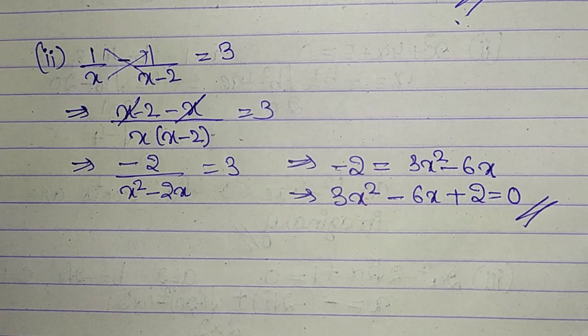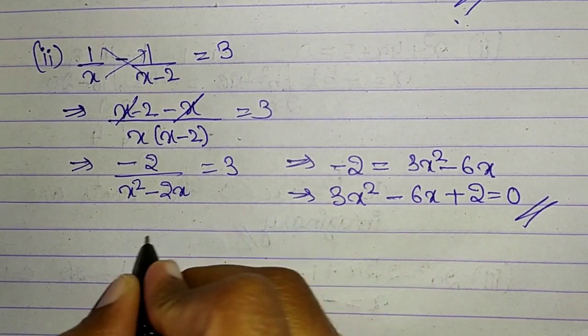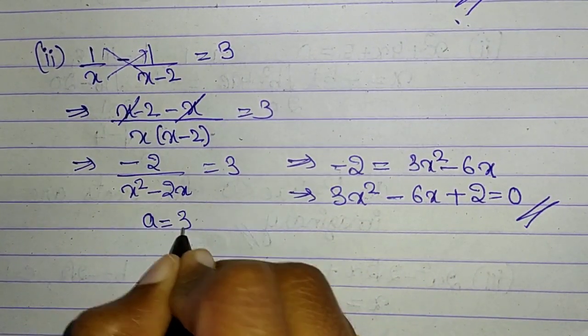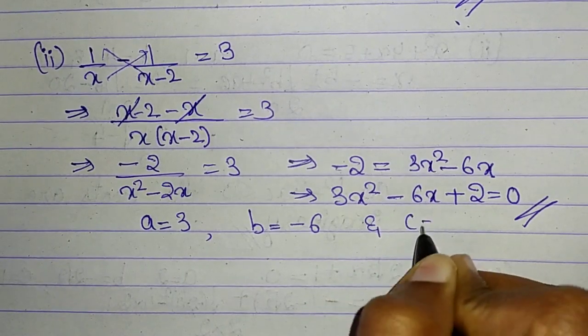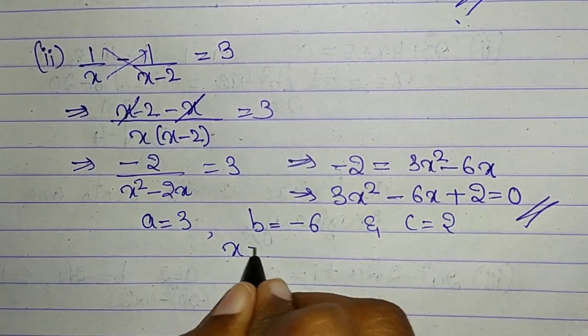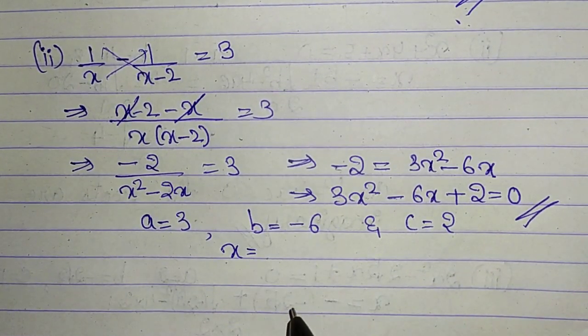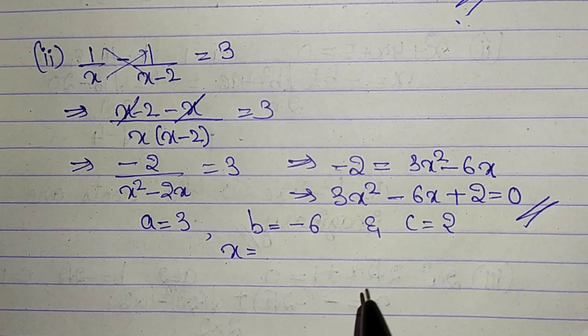This is the quadratic equation only. Now we will be finding its solutions. So write down a is equal to 3, b is equal to minus 6 and c is equal to 2. So we know that x is equal to minus b plus or minus under root b square minus 4ac by 2a.